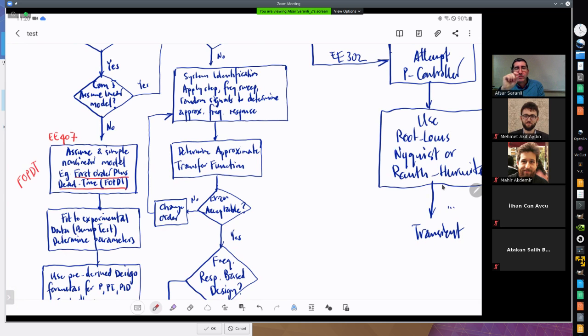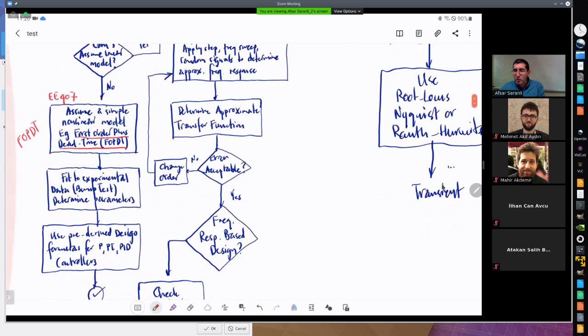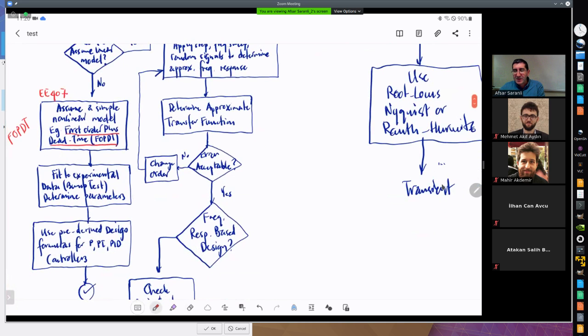Now we will spend quite a bit of time on this model, but what we will do is that if we can assume such a simple model, we can fit this model to experimental data. This is known as a bump test in process control literature. You apply a step input to the system, you observe the response.